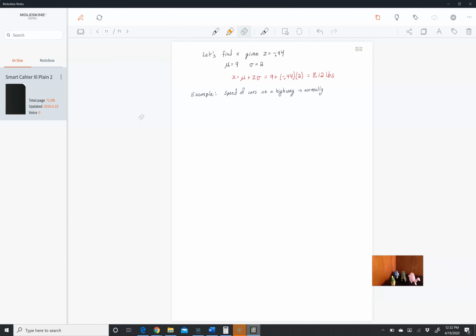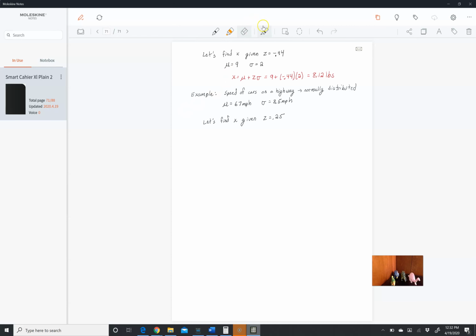I'm doing a little bit of an abbreviation in terms of what I'm writing down because these are the things that matter when you're given a problem. Here you're given that the mean, if you remember from the last lecture, was 67 miles per hour. And then the standard deviation was 3.5 miles per hour. Okay, so let's find x given z is equal to 0.25.